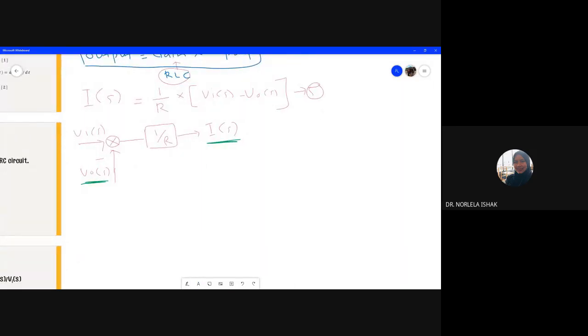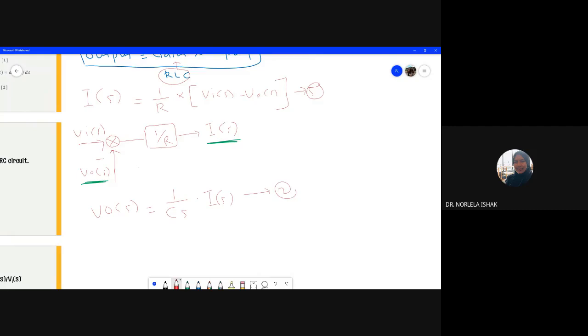What was the equation? E naught(s) equal to 1 over Cs multiplied with the current. This is equation number 2.